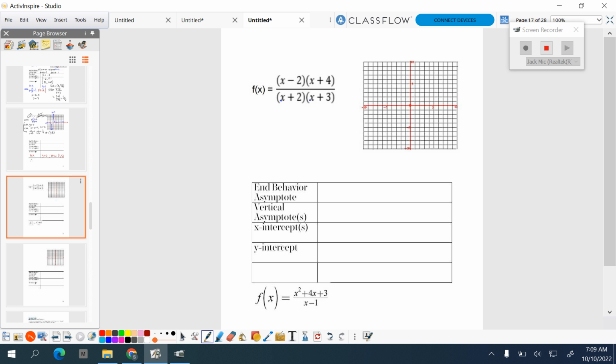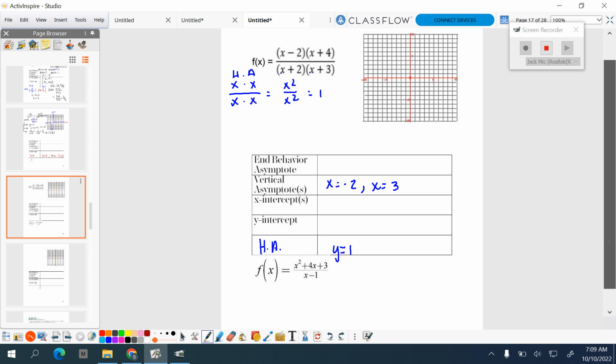So if you were going to do that, you would say x times x over x times x for the horizontal asymptote. And it's just x squared over x squared, or just 1. So horizontal asymptote here is just y equals 1. And these other things should follow. x equals negative 2 is your vertical asymptote, and x equals 3. And you should graph the function.